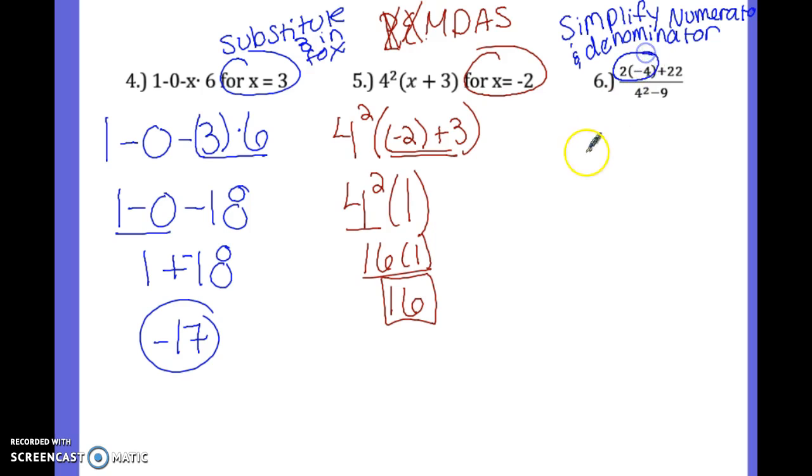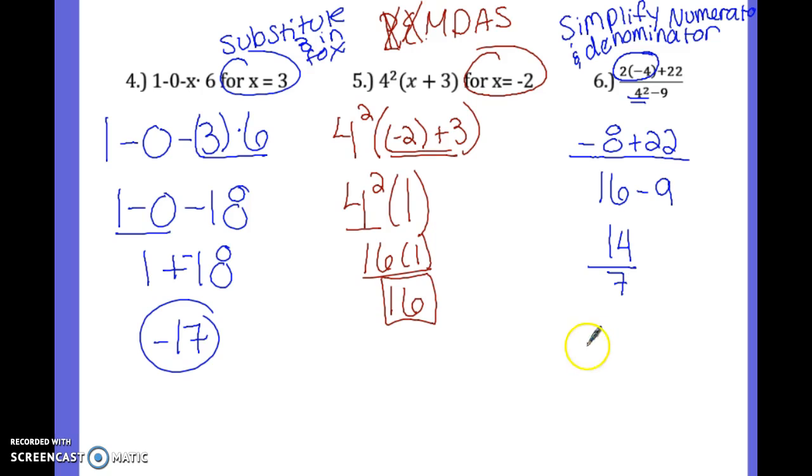Let's do our 2 times negative 4 is negative 8 plus 22. And let's do our exponent down here of 4 squared, which is 16 minus 9. Well, negative 8 plus 22 is 14. 16 minus 9 is 7. Keep on simplifying. 14 divided by 7 is positive 2.